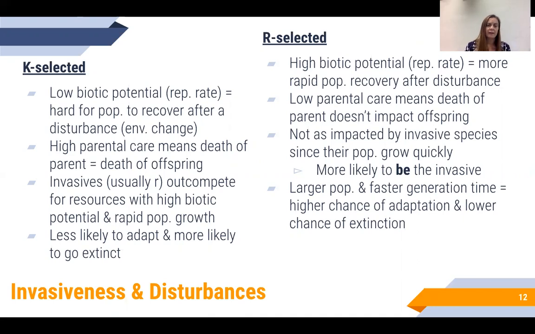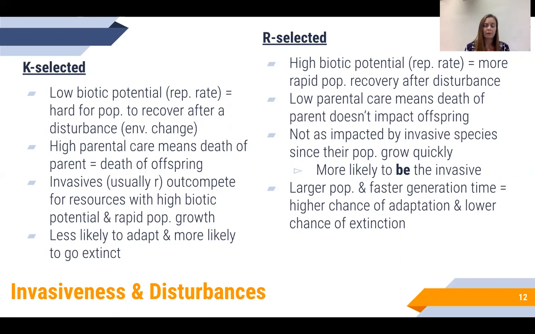Invasive species are likely to outcompete K-selected species because they reproduce more quickly and therefore they use more of the resources than a K-selected species, and they outcompete that K-selected species. K-selected species, because they're so long between generations, take longer for evolution to happen, and so they are less likely to be able to adapt to a rapidly changing environment, and therefore they are more likely to go extinct.